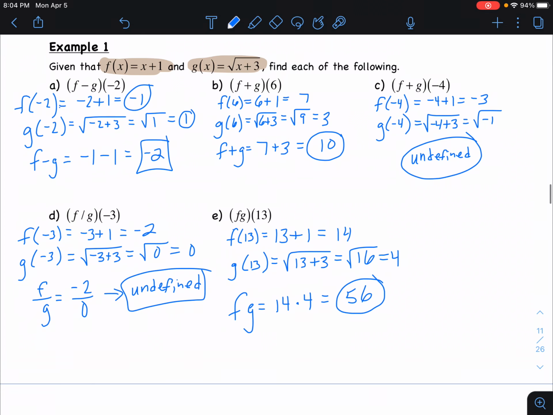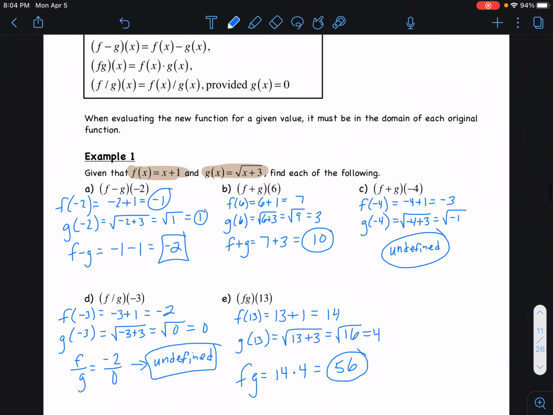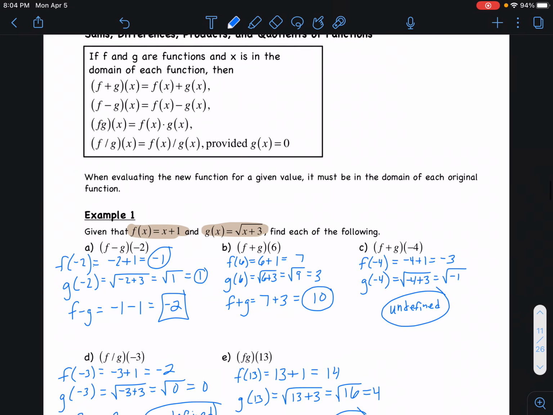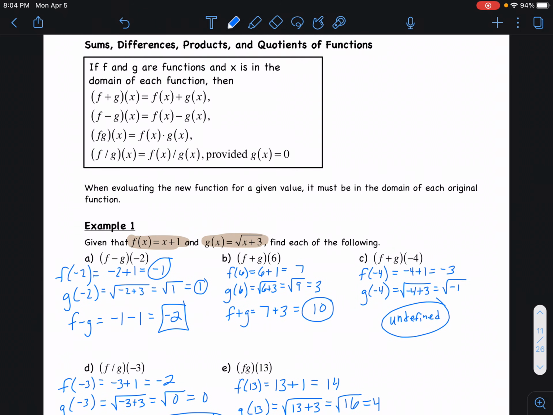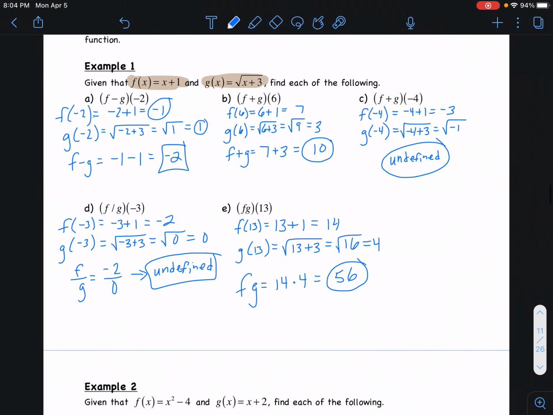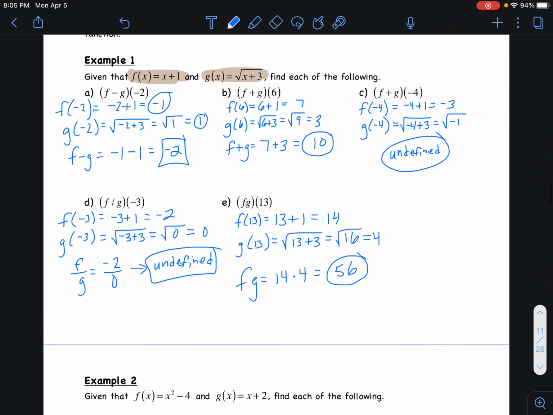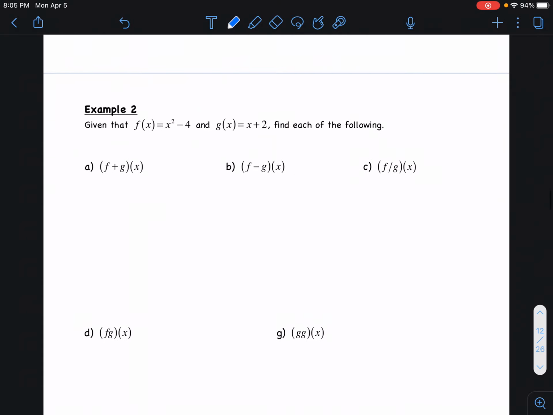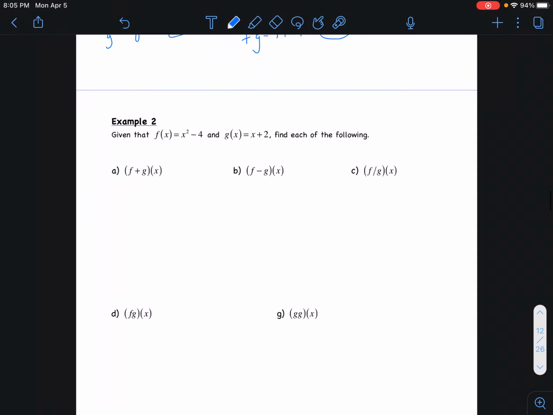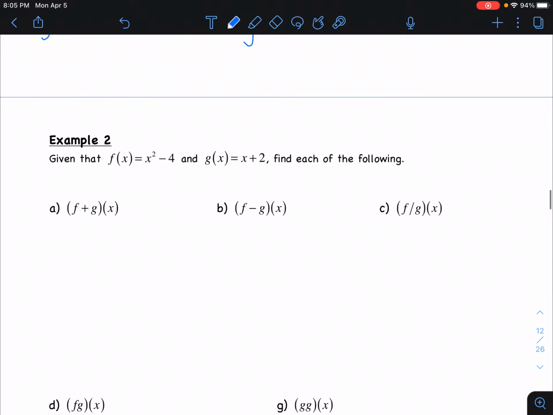Okay, so that was how to evaluate functions. We did sums, differences, products, and quotients of functions, plugging in a number for a variable. What does that set us up for?